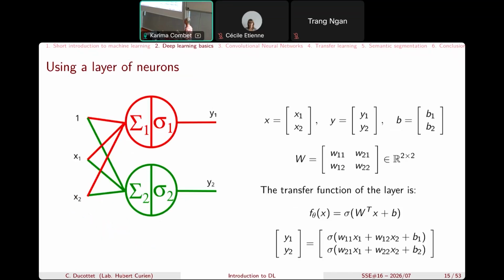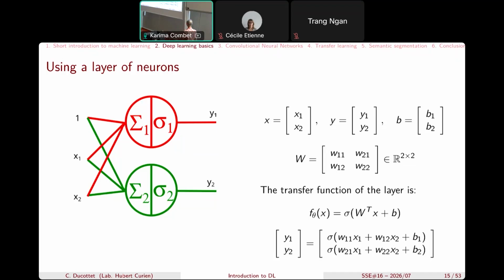In fact, a single neuron is very simple. We could use several ones, and if we stack several neurons, we obtain what is called a layer of neurons. In a layer here, suppose that we have two neurons. We consider two inputs, and each neuron has its own output. So we have also two outputs.